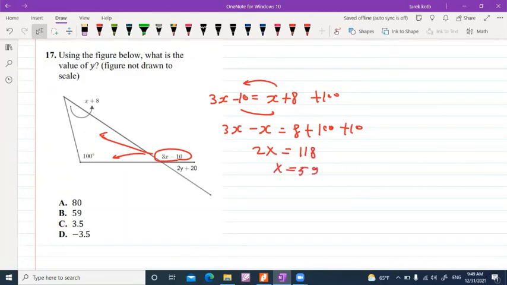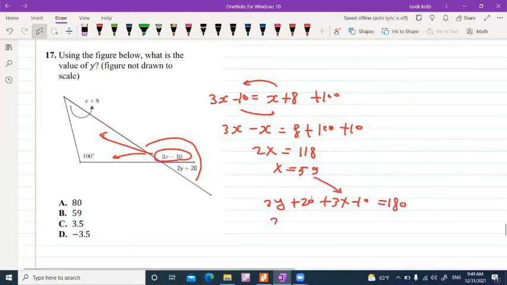There is a relation between these two angles also. The sum is 180. So 2y plus 20 plus 3x minus 10 equals 180. Since x equals 59, 2y plus 20 plus 3 times 59 minus 10 equals 180.